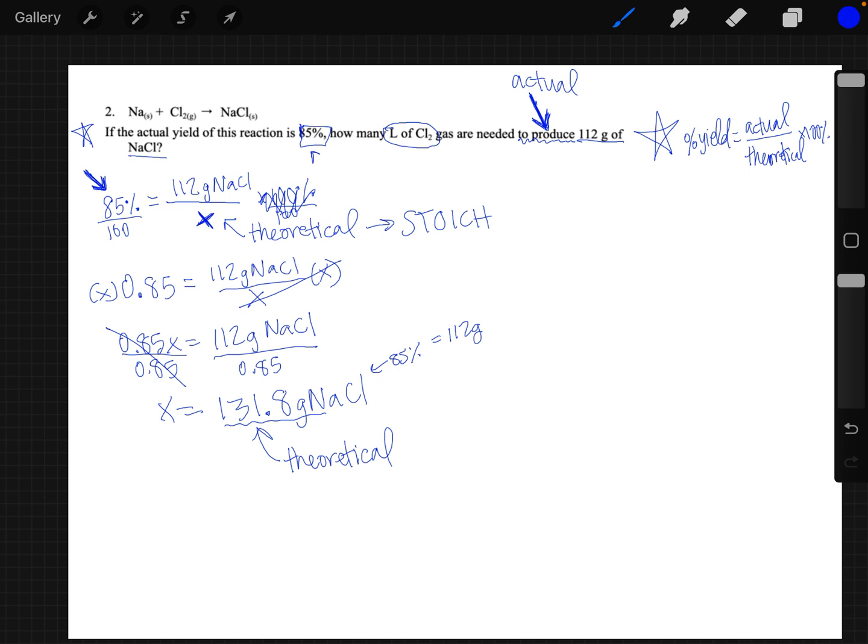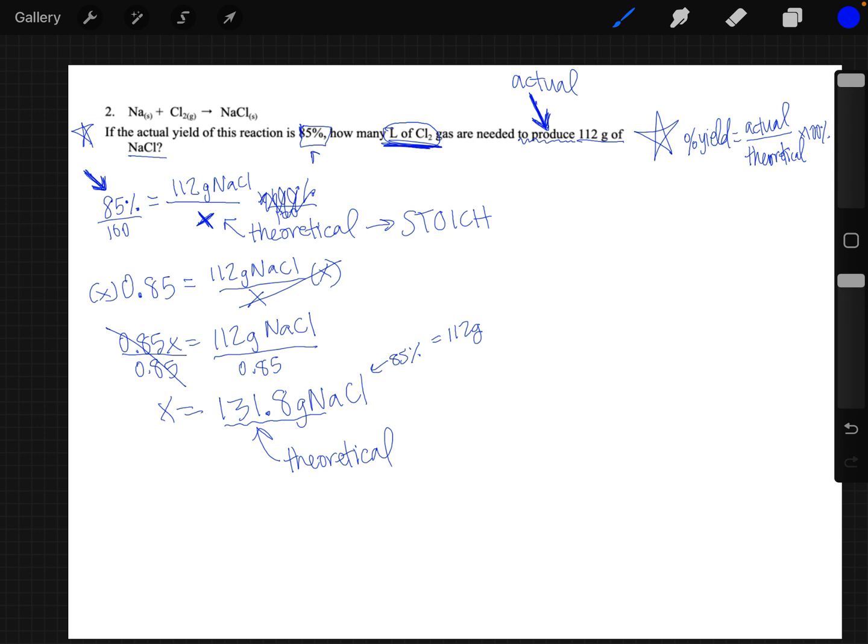Okay, so that's your first step. You're going to go ahead, find theoretical. Theoretical is your x. The number they gave you is going to be your actual, and then your yield is obviously that yield. You're solving for x to see, hey, how much should we be shooting for, knowing that we have error. Now that we have this theoretical yield, okay, if you go back and read the question, it is asking you to see how much chlorine we need to be able to make that much NaCl, okay?